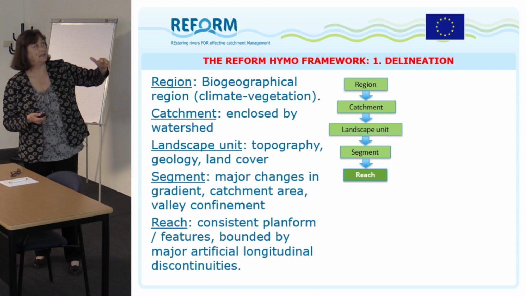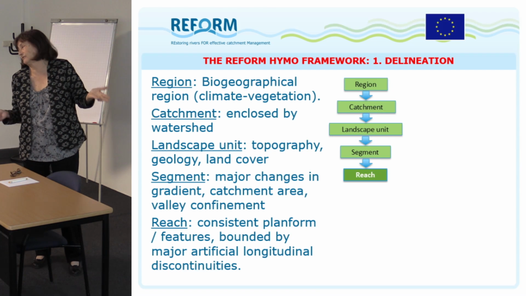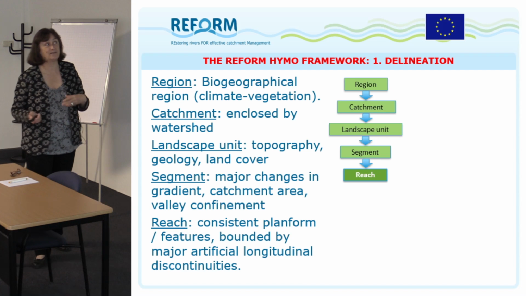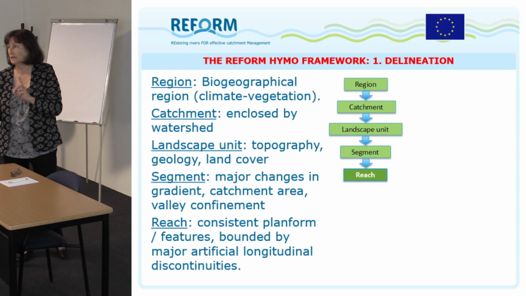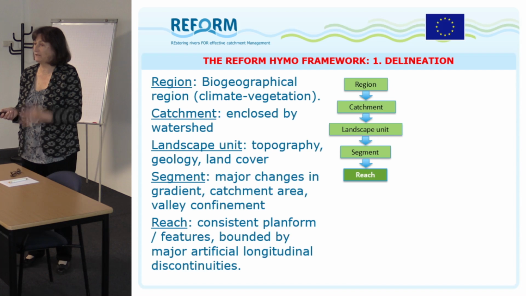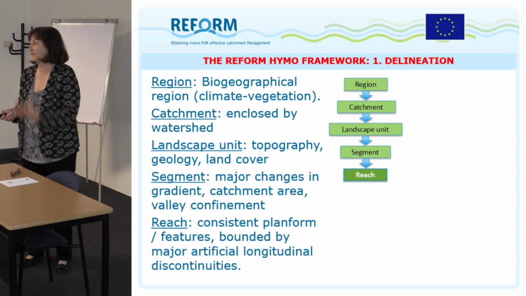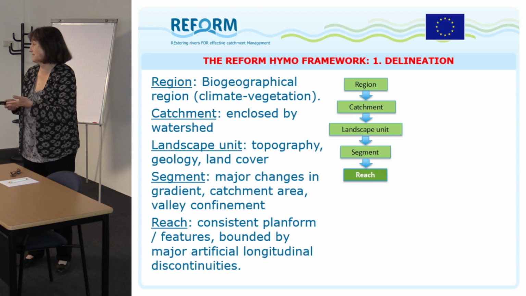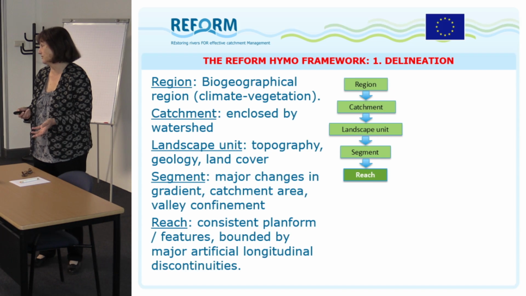And we delineate these, so we know what biogeographical region we're in, and that clearly defines the climate. It also defines the potential vegetation. And the one thing I will emphasise again and again through this presentation is we mustn't ignore vegetation. It is so important.